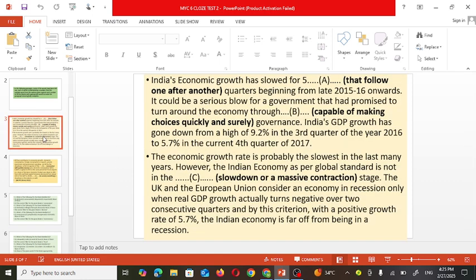As I have told you, your first step is what? Read the paragraph and try to get the connection of the words, means the blanks and what is actually expected over there. Here in the given paragraph, they have mentioned what kind of word is expected.